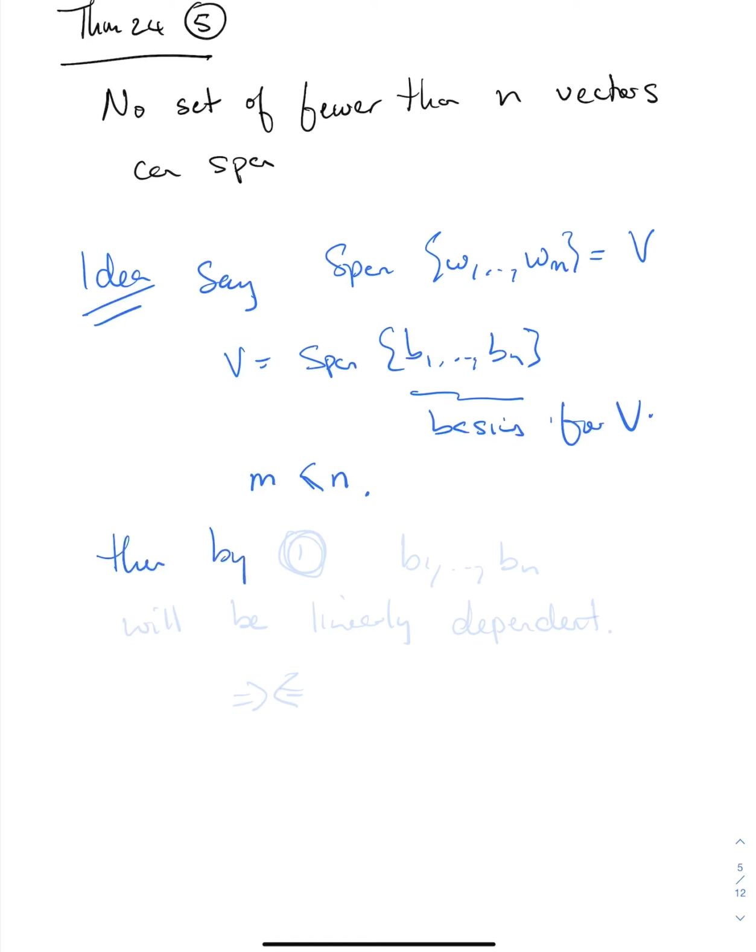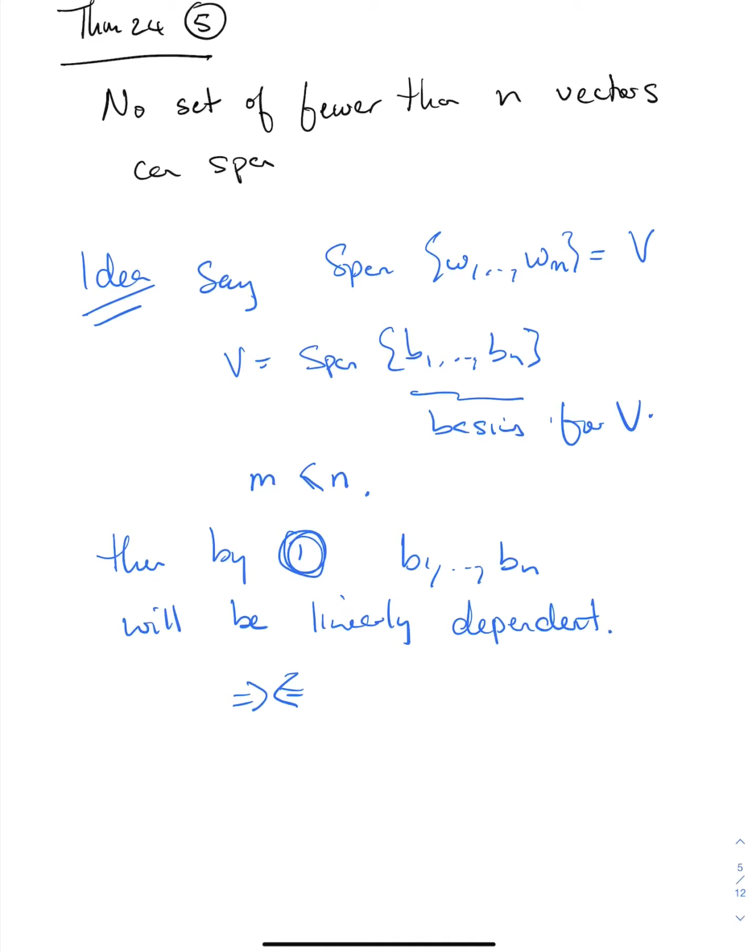Then, by 1, B1 through Bn will be linearly dependent. That's a contradiction because bases are formed by linearly independent vectors.